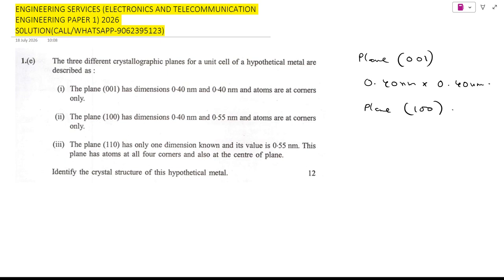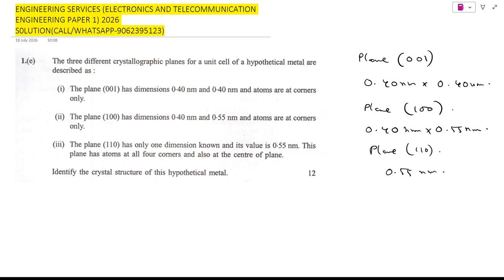The dimension is 0.40 into 0.55, and atoms only at the corners, and one known dimension is 0.55 nanometer. And atoms are at four corners and one atom at the center of the plane. Now the question asks identify the crystal structure, right?